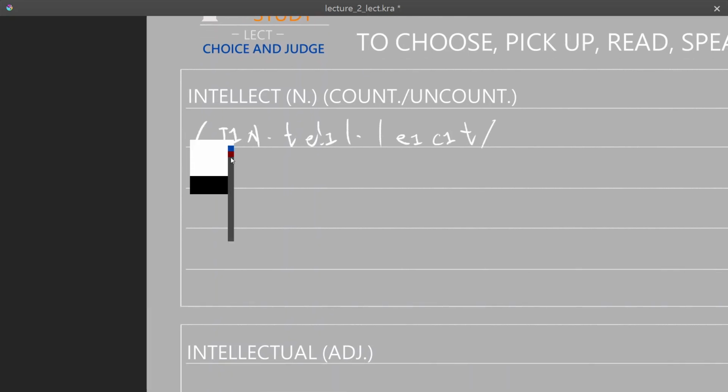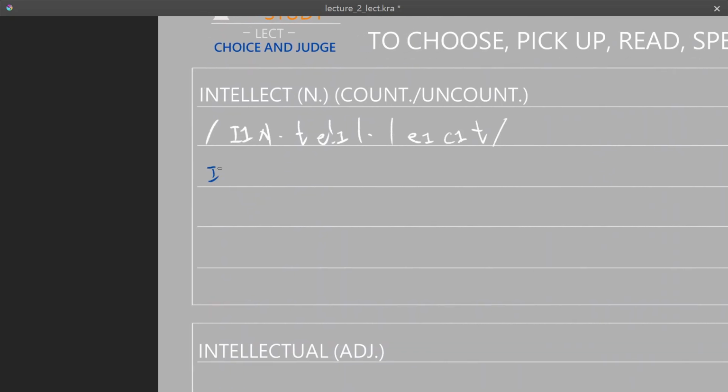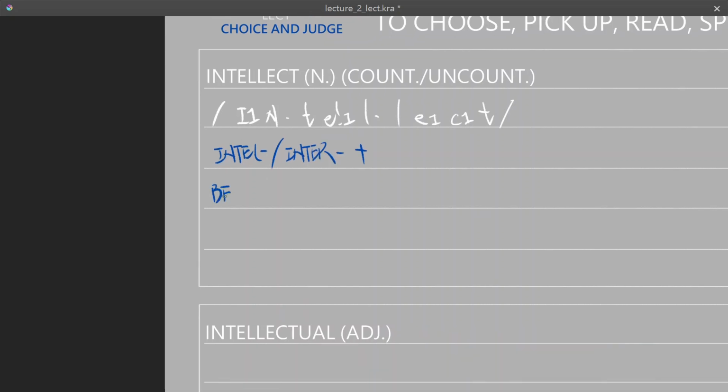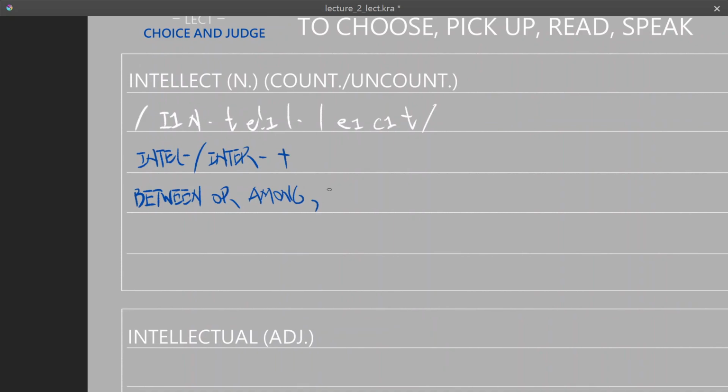And again, we have the prefix intel and inter, meaning between or among or together.